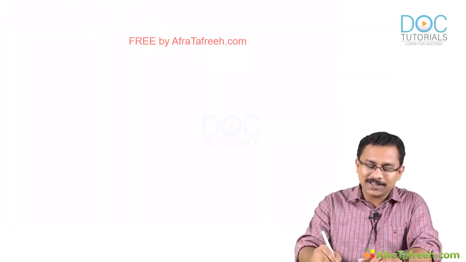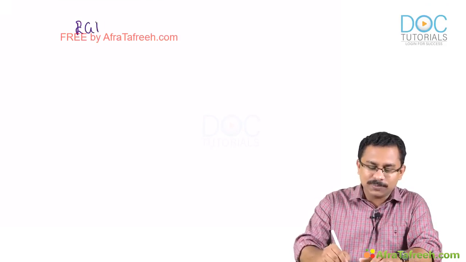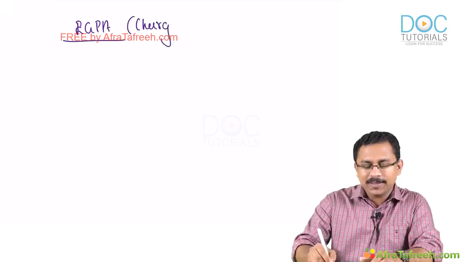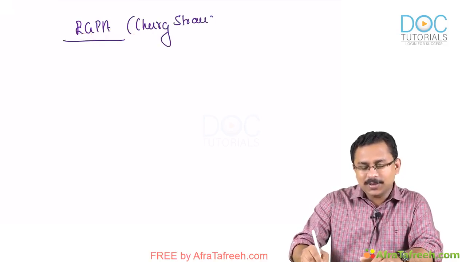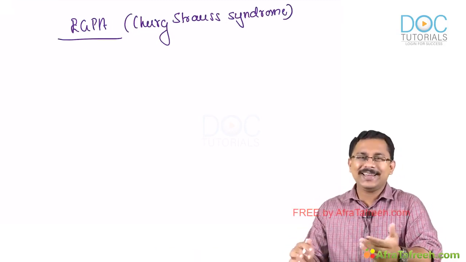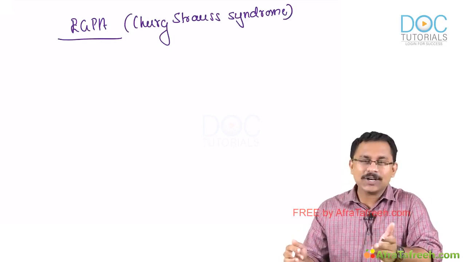Now we'll move to the third disorder, eosinophilic granulomatosis with polyangiitis, that is Churg-Strauss syndrome. The current term is EGPA, but there is always a good chance that in the exam you might get Churg-Strauss itself. So what is this disorder?